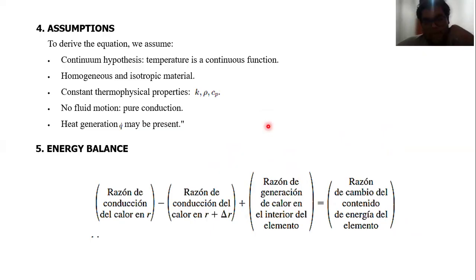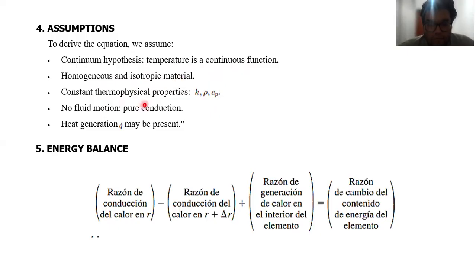We have some assumptions to derive the following equation, and we have an energy balance. But let's see the assumptions first. To derive the cylindrical coordinates diffusion equation, we have the continuum hypothesis, meaning temperature is a continuous function. We have a homogeneous and isotropic material, that is, all the properties of the material are the same throughout the volume of the material.